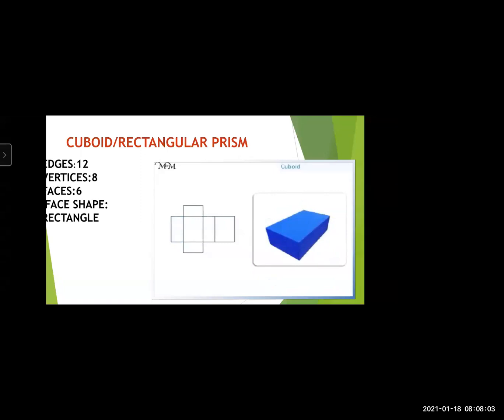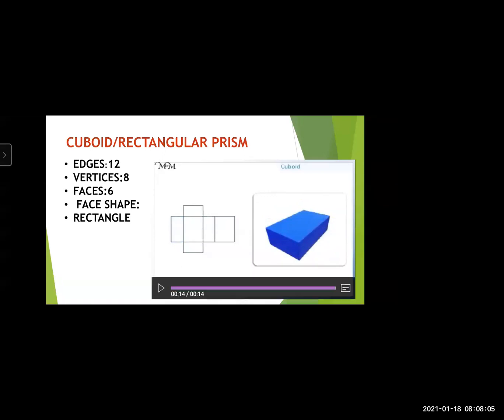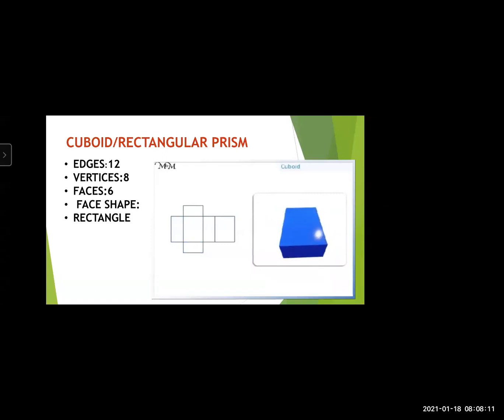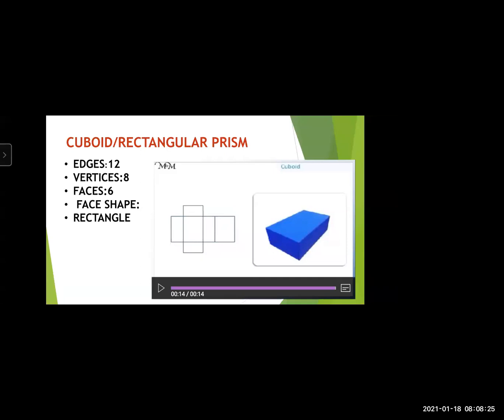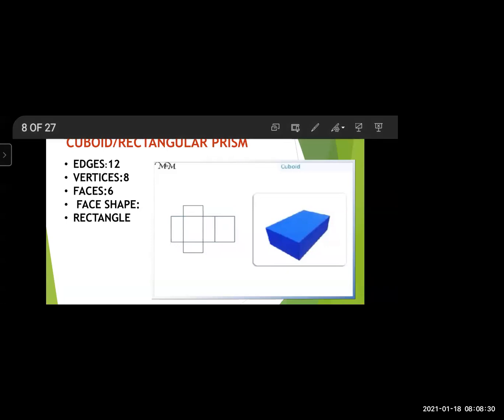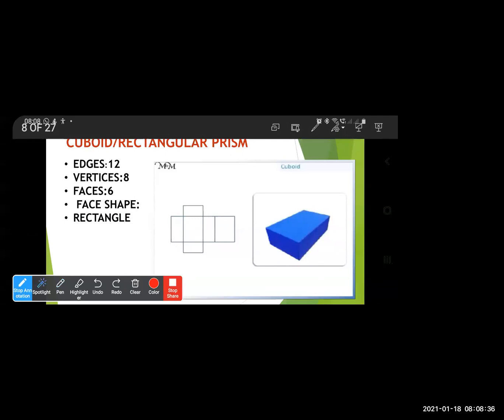In this figure we can see that every face is of rectangle shape. This is the second face, here you can see the highlight. Here is the third rectangular shape. Next, here. We can count 1, 2, 3, 4, 5 and 6.